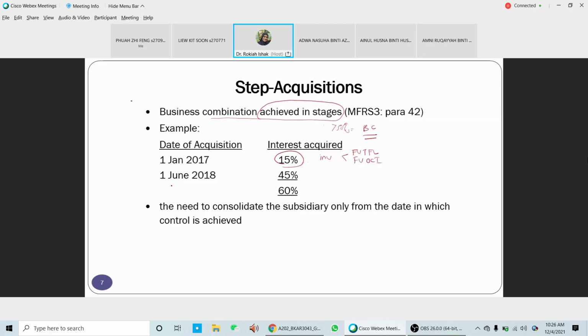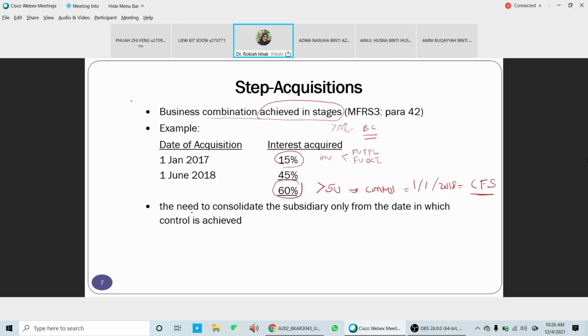On 1st of June 2018, you add another 45%, so now you have 60%. Once you have 60%, which is more than 50%, you start to have control. So starting from 1st of June 2018, you need to prepare a consolidated financial statement because you already have control over that company.